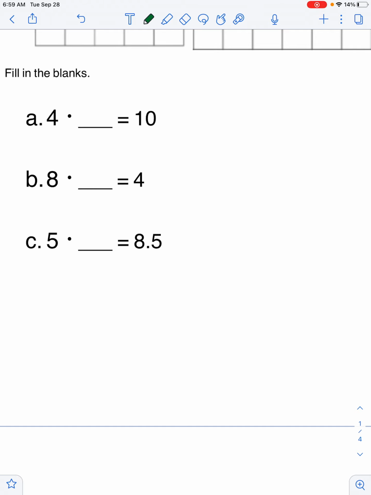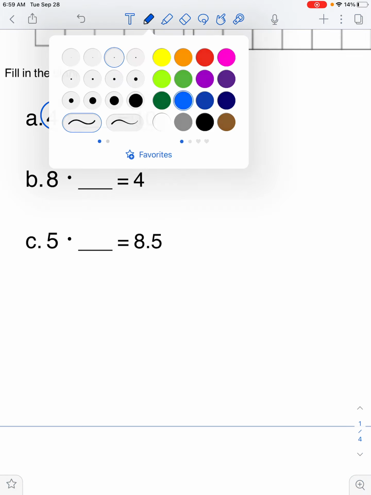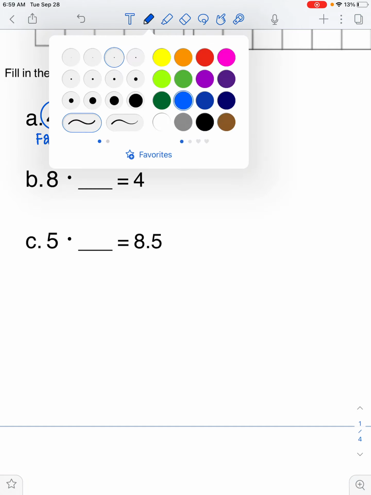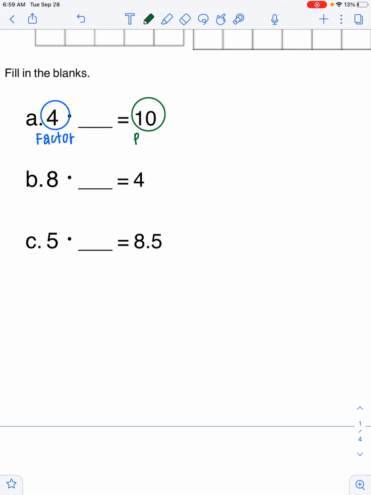To solve these problems, we want to recall our properties of inverse operations. We know that the product is 10, and one of our factors is 4. Remember that factor is just a number that we're multiplying, and product is the answer.